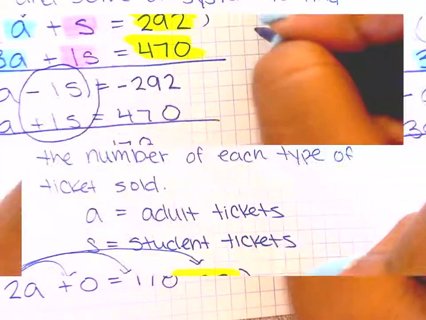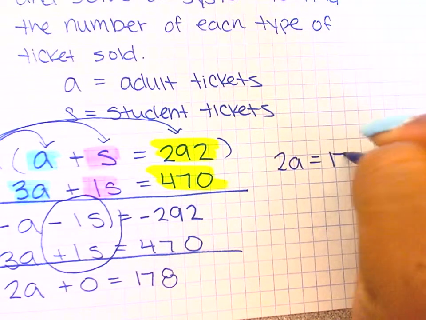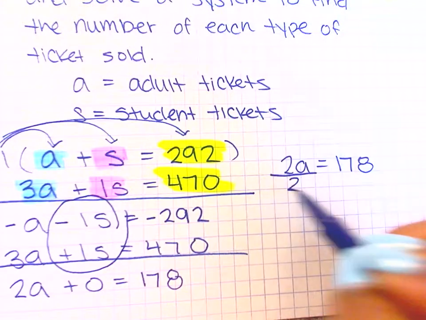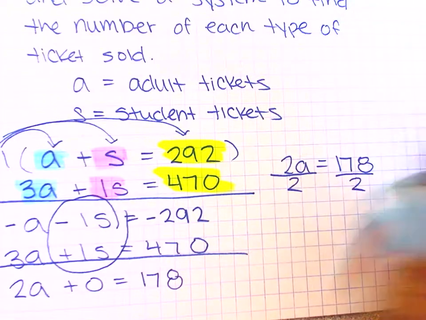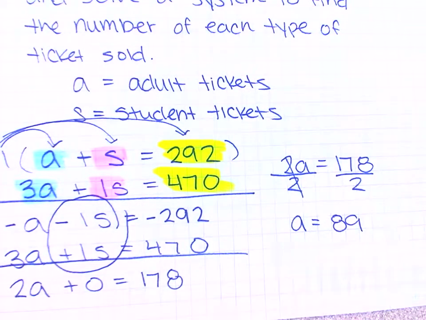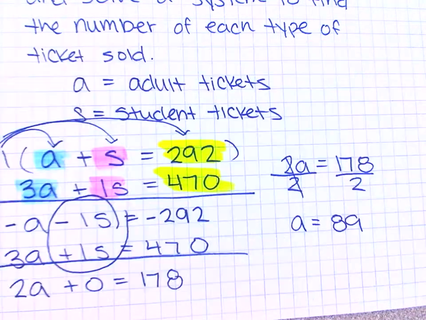So I have 2a equals 178. I need to get a by itself. Divide by 2 on both sides. A equals 89. So there are 89 adult tickets, and there's a total of 292 tickets.